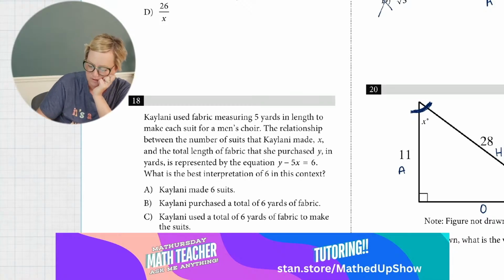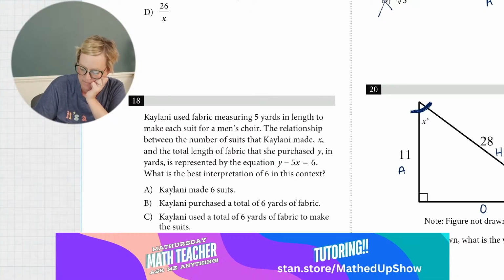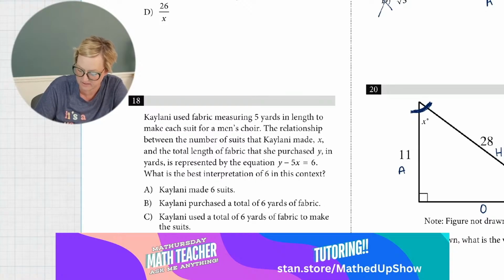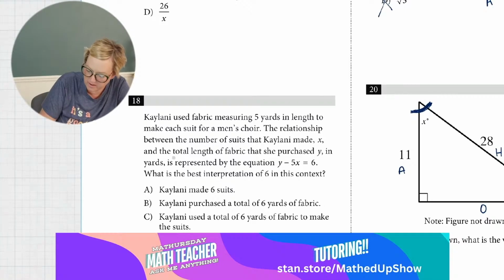Okay. So Kaylani used fabric measuring 5 yards in length to make each suit for a men's choir. The relationship between the number of suits that Kaylani made, X, and the total length of fabric that she purchased, Y, in yards, is represented by the equation Y minus 5X equals 6. What is the best interpretation of 6 in this context? Okay, so we've got Y, which is the total length of fabric that she purchased.